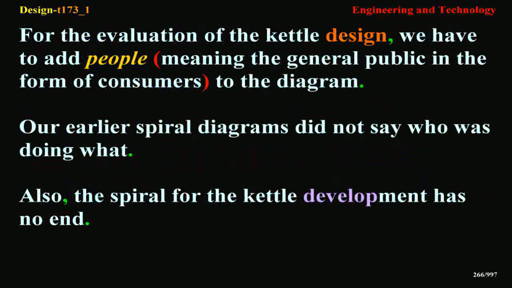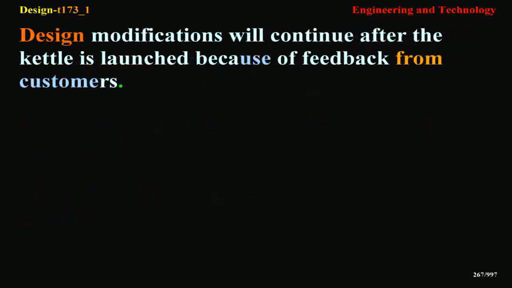For the evaluation of the kettle design, we have to add people, meaning the general public in the form of consumers, to the diagram. Our earlier spiral diagrams did not say who was doing what. Also, the spiral for the kettle development has no end. Design modifications will continue after the kettle is launched because of feedback from customers.